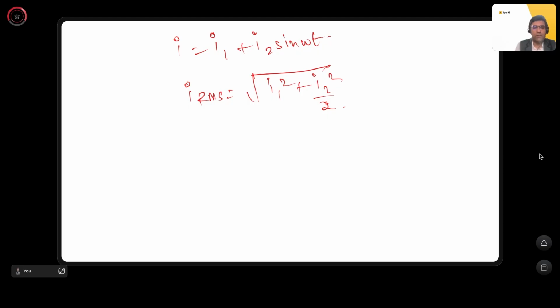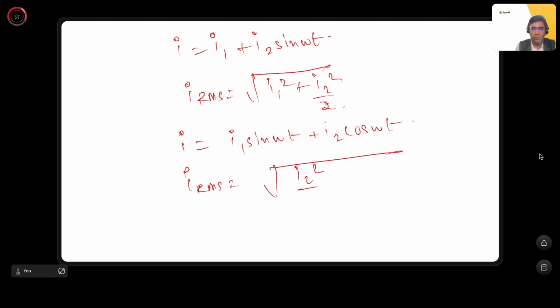If something is given like that I is equal to I1 sine omega t plus I2 cos of omega t, and you have to find the IRMS, then IRMS will become under root of I1 square by 2 plus I2 square upon 2. So this is what you have to remember. Both of these are very important and can be asked in the exam this year.